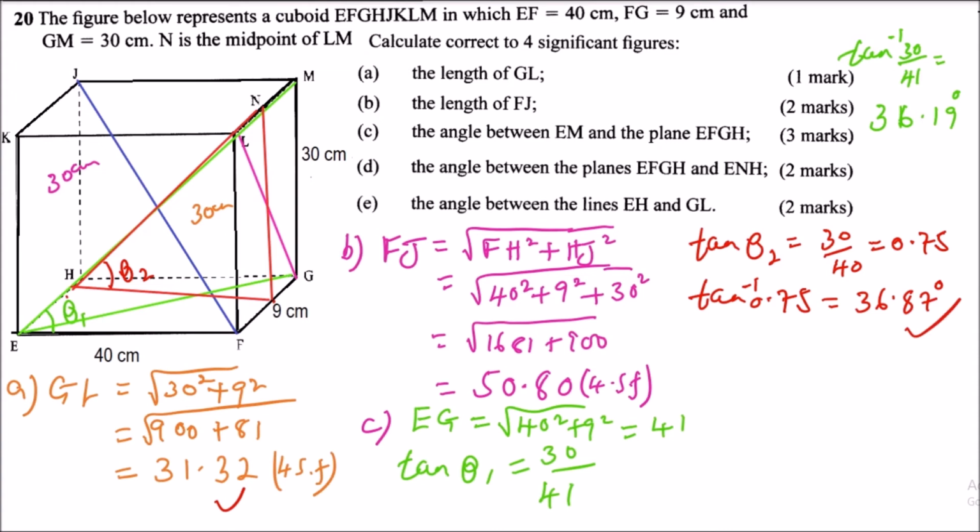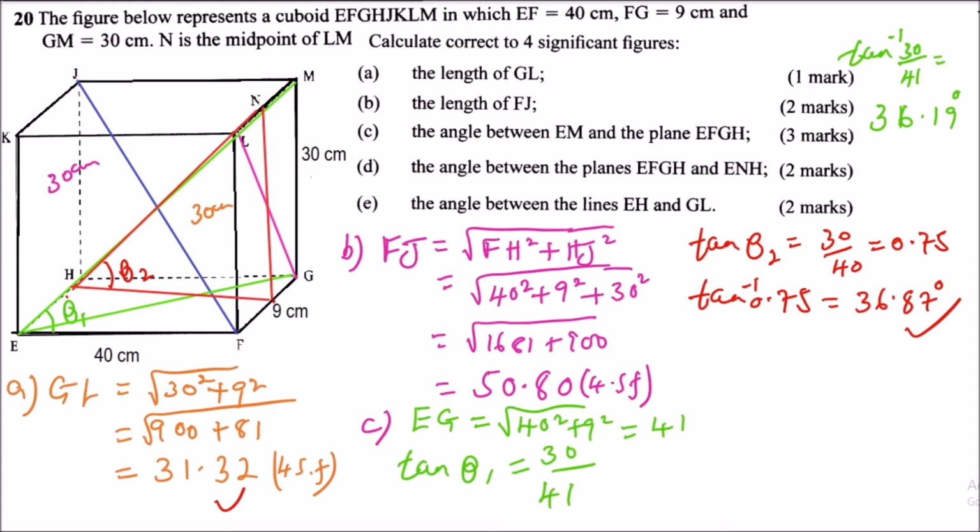Part E of the question, the angle between the lines EH and GL. Where is GL? This is our GL.